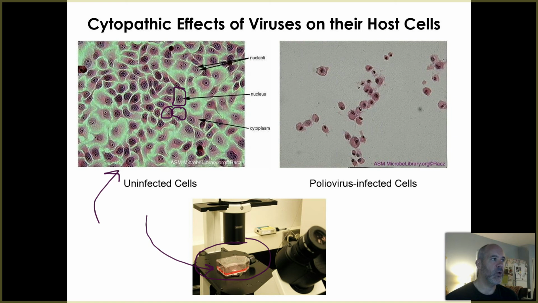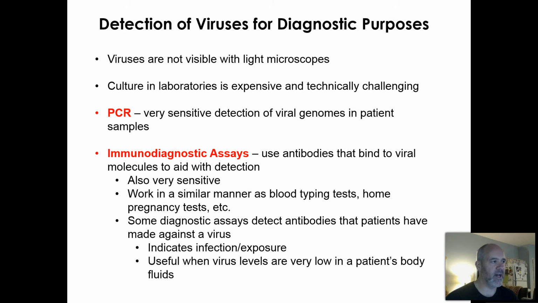And if you infect those with the virus, many viruses will cause those nice, pretty cells that are all laid out like little tiles or sheets on the surface of a flask to look like this. They round up and look really, really sick. And that's how you know that there's a viral infection going on inside that flask of host cells. So the bottom line is that viruses are not always nice to their host cells.